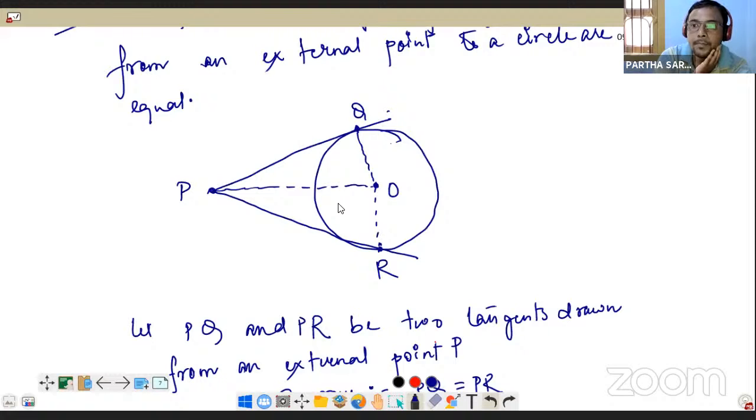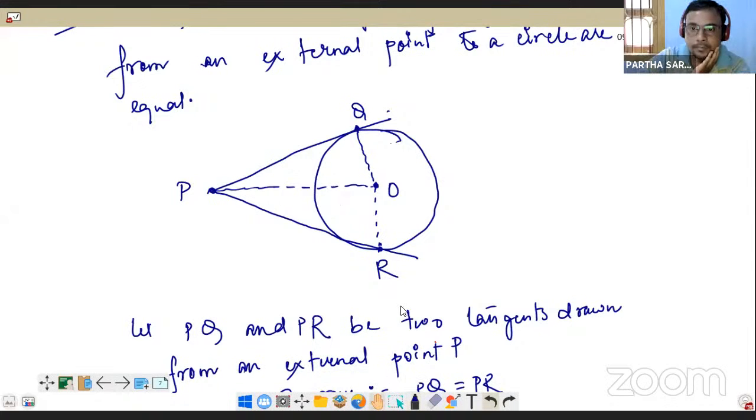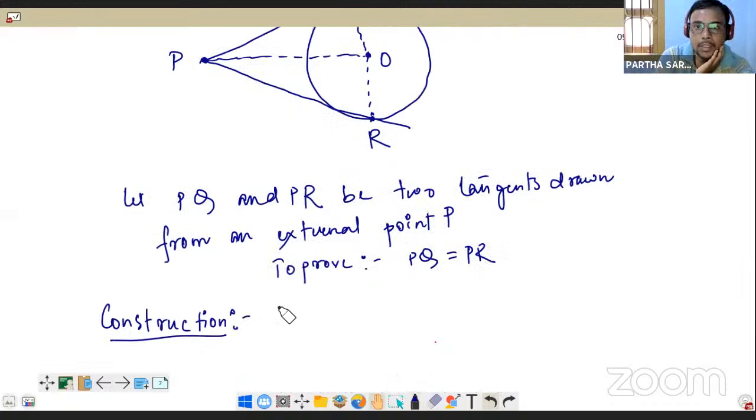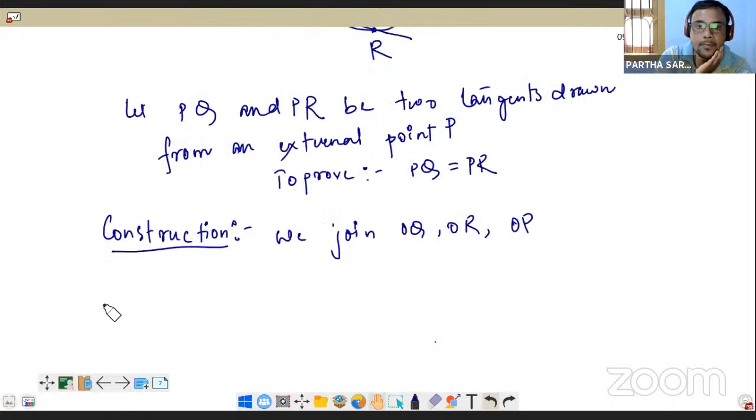Have you seen, everyone? Two triangles. Yes, sir. Okay, so in construction we will write: we join OQ, OR, OP. Written.